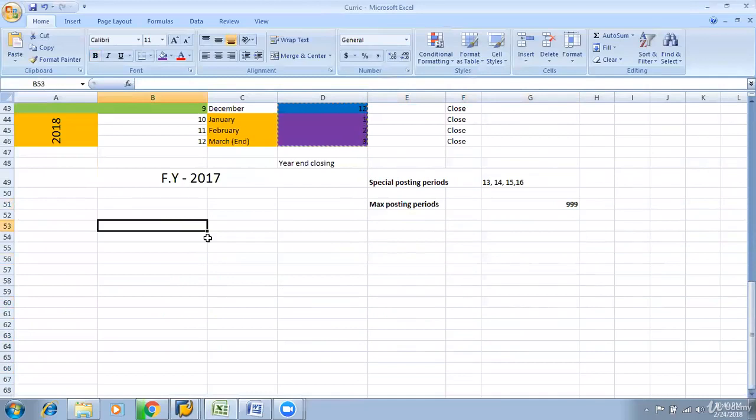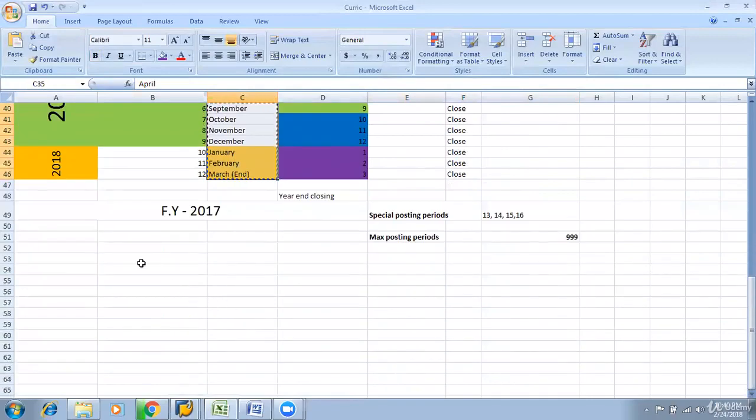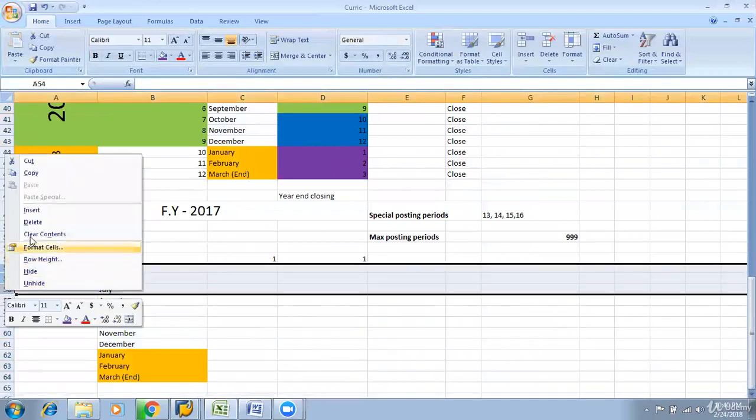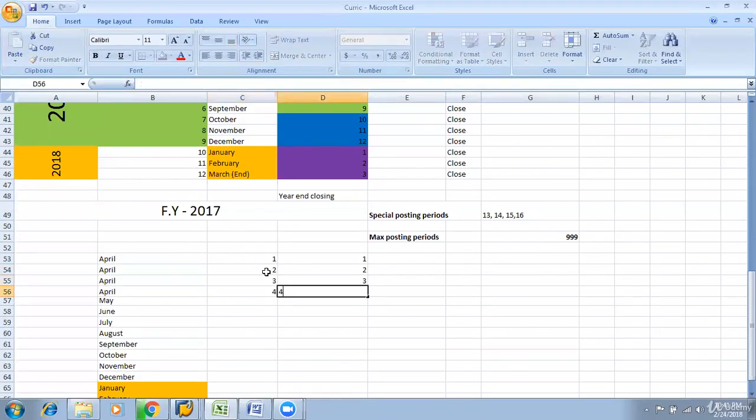Here, for example, let me copy this. April, 1 day is 1 period. And again here, April 2nd day, 3rd day, 4th day are 2, 3, 4, and so on, up to 30.